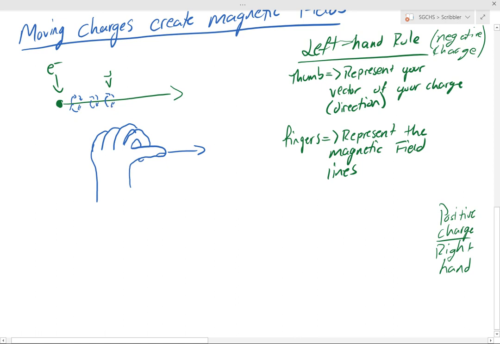An easier way to represent this is using your dot and cross representation. A dot means it's going into the page, and a cross is, oh, sorry, I messed that one up. A dot is out of page, and an X is into the page.